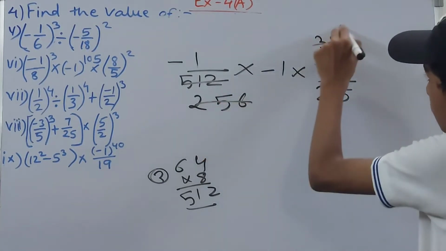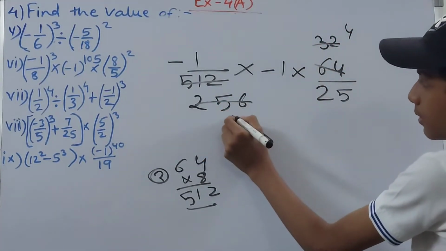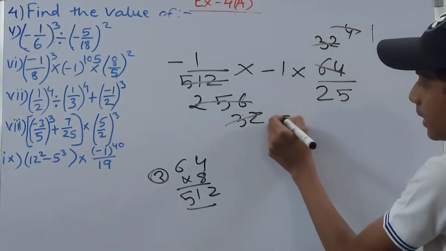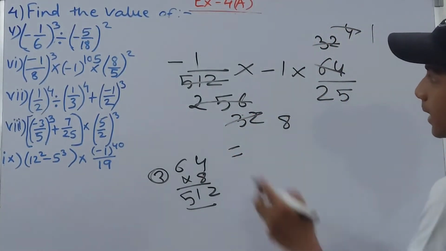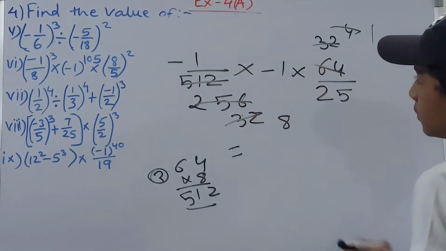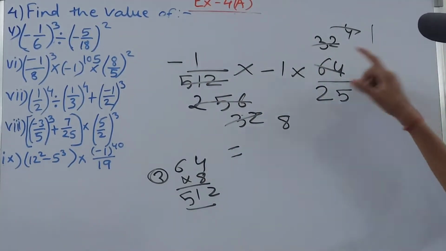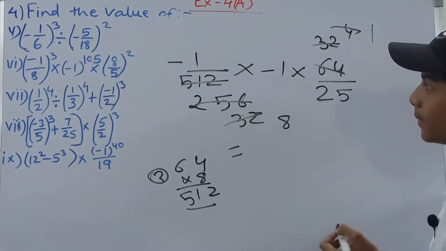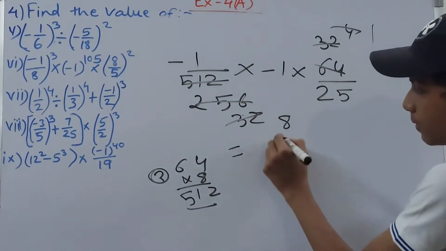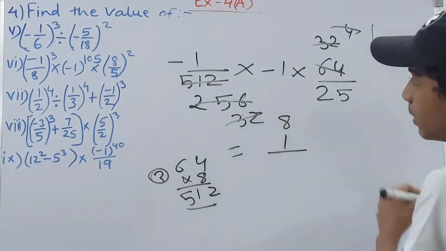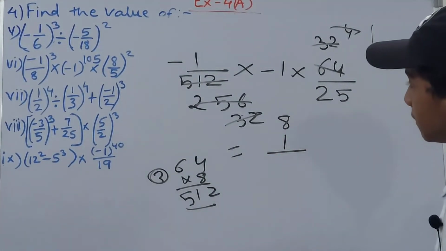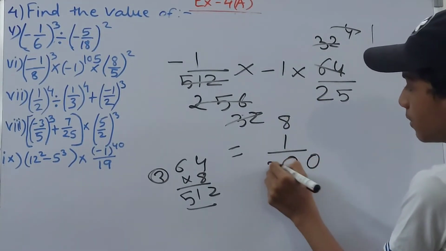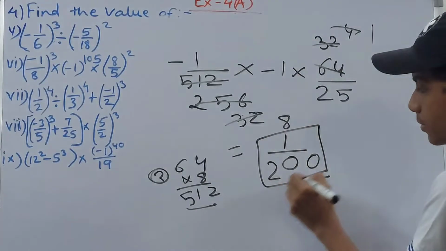So this becomes 4 and this becomes 32, again by 4 now, so 1 and 8. So at last I get minus 1 into minus 1 into 1. Minus 1 into minus 1 becomes plus 1, and plus 1 into 1 is 1. So 1 upon 8 into 25, right? This will be 200, so 1 upon 200 becomes our answer.